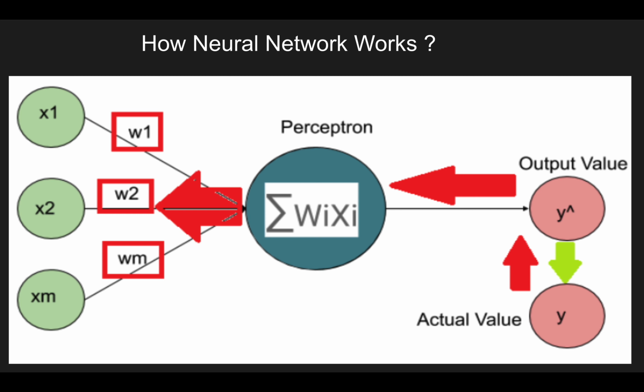The difference between the actual and the model's prediction is your loss. To minimize the loss you have to update the weight, and how to update the weight is where gradient descent comes in. With the help of gradient descent you will be able to update the weights. So in brief this is how a neural network works.